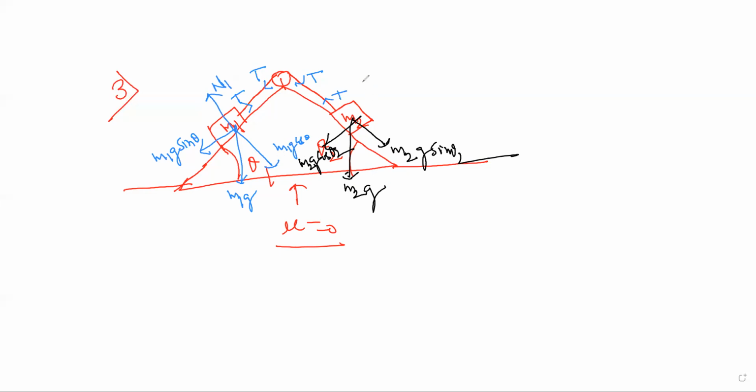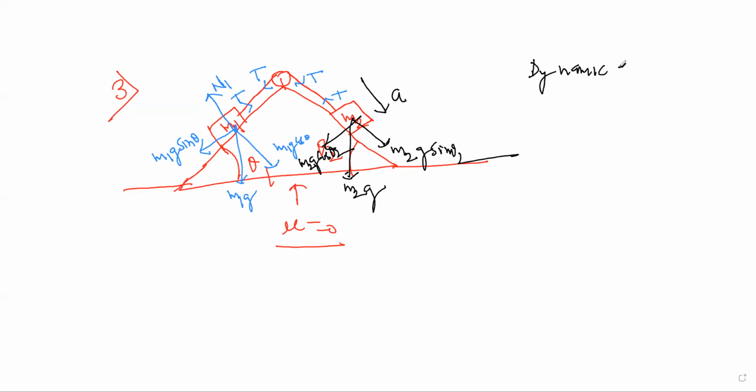Now we have assumed acceleration in this direction. We don't know about their masses, so we can select any direction for acceleration. After solving, if we get positive acceleration, our guess was right. If we get negative acceleration, the magnitude is exactly the same, but in reality it is opposite to what I had guessed. Now we are writing the dynamic equations.